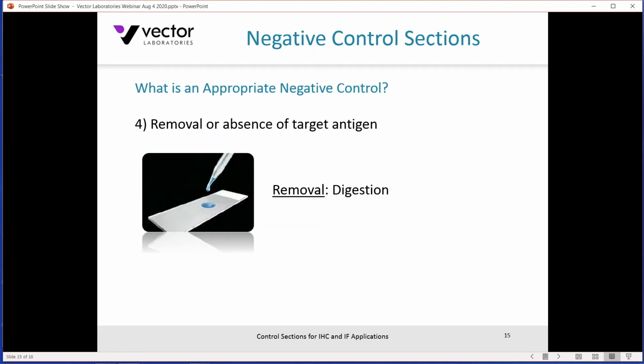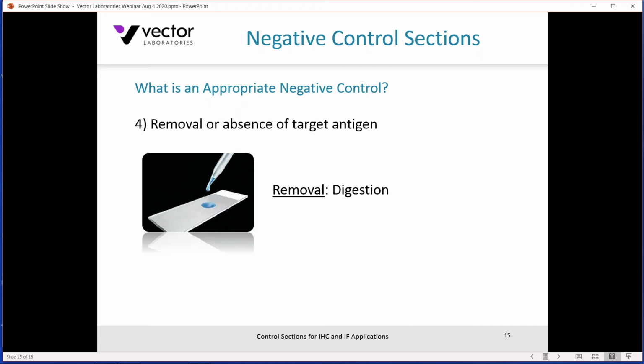One further negative control I've got here is removal or absence of the target antigen. The example I've got is digestion. In some cases, use of an enzyme, like if you're looking for collagen, you could use a collagenase, gobble up all of that collagen. So when you put on your anti-collagen antibody and detection reagents, it's not there, you won't see staining.